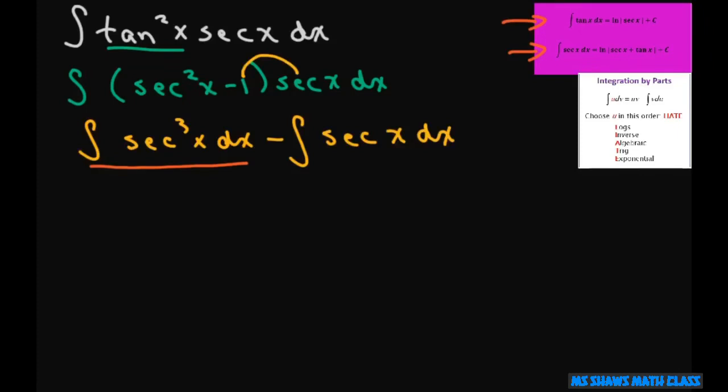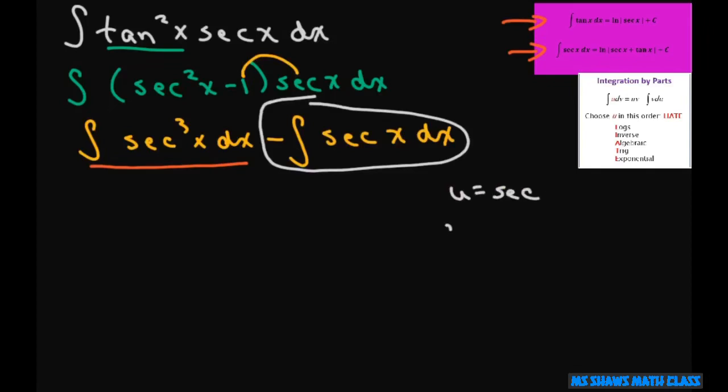So for that, we're going to let u equal secant x. We're just going to deal with this piece. So we're going to have u equals secant x. Therefore, derivative of u equals secant x tan x dx.